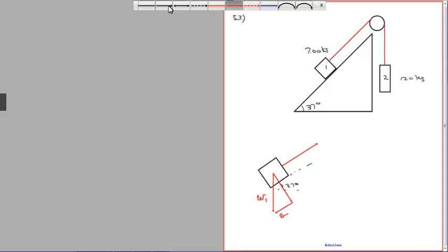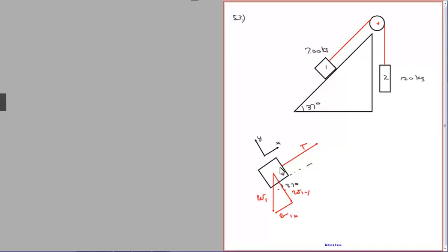Since it's going to be moving in this direction, let's define positive X this direction and positive Y this direction. So this is X and this is Y. We'll call this tension T. The pulley is frictionless again, so all it's doing is connecting these two. Back down here we have W1X and W1Y.